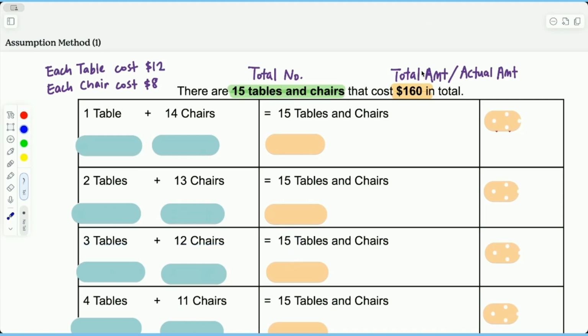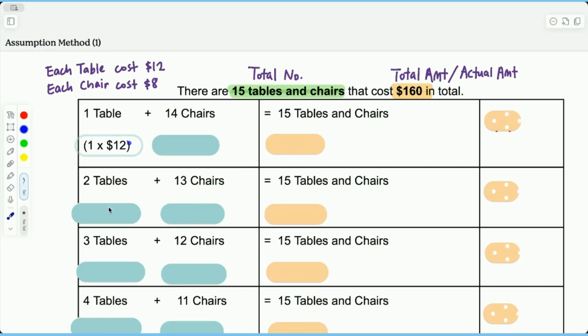However, there is one more condition that we need to meet, and that is the total amount spent on the 15 tables and chairs must be $160. Let's consider the first combination here.